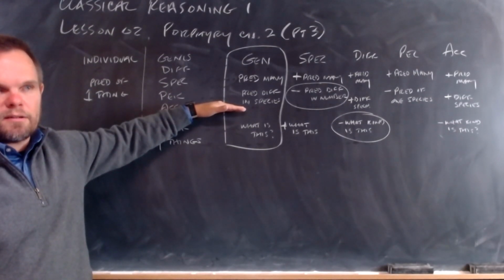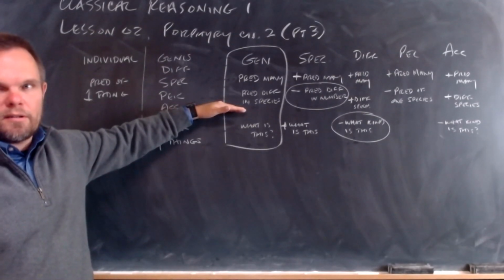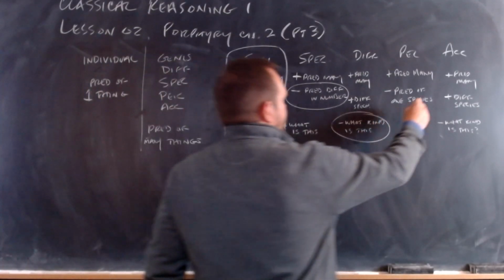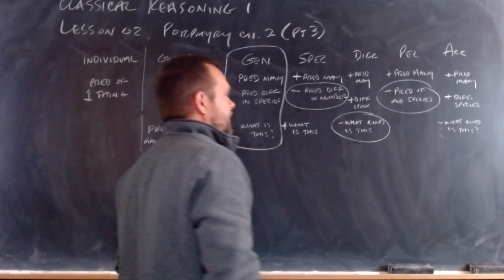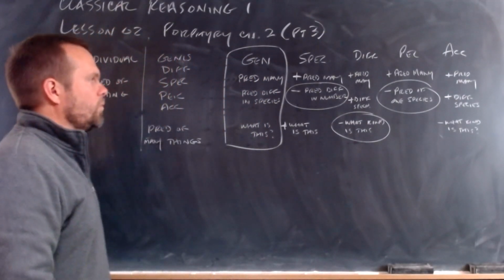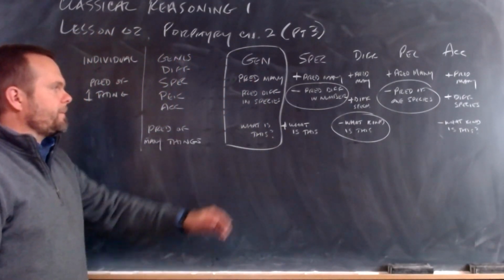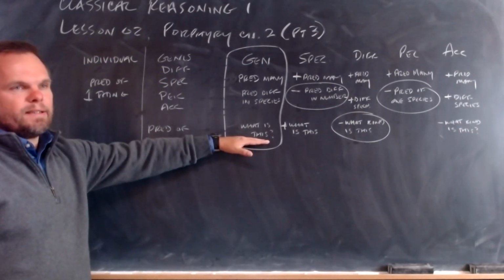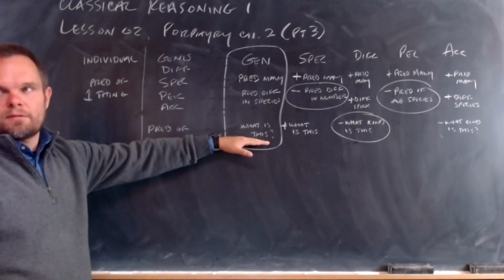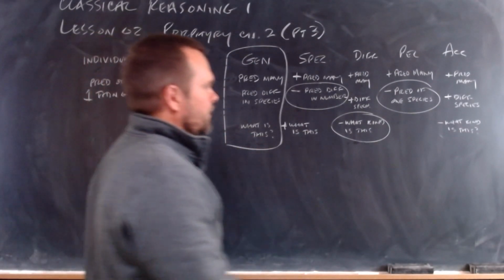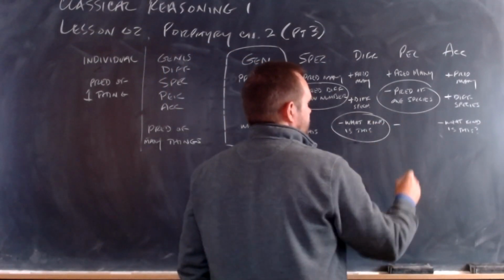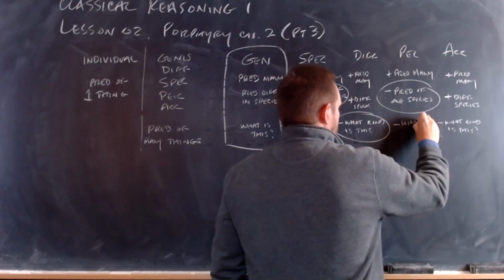Peculiarity. No, that's the distinction. It's predicated of only one species. Does it answer the question, what is this? No. What question does it answer? What kind of thing is this?